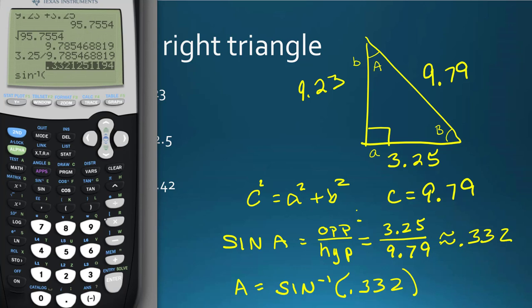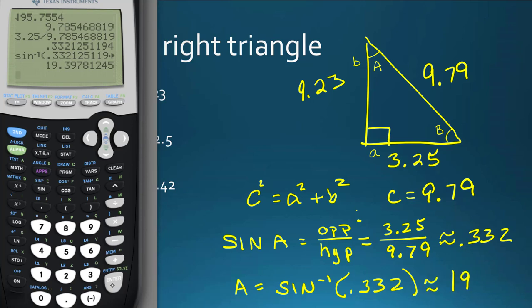If you don't have the ability to go back up, use as many sig figs as you can, because ultimately it can get a little sensitive. All right, so I got 19.54, so A equals 19.4 degrees. Now, I should have done this before I even started: you want to check and make sure that you are in degrees.